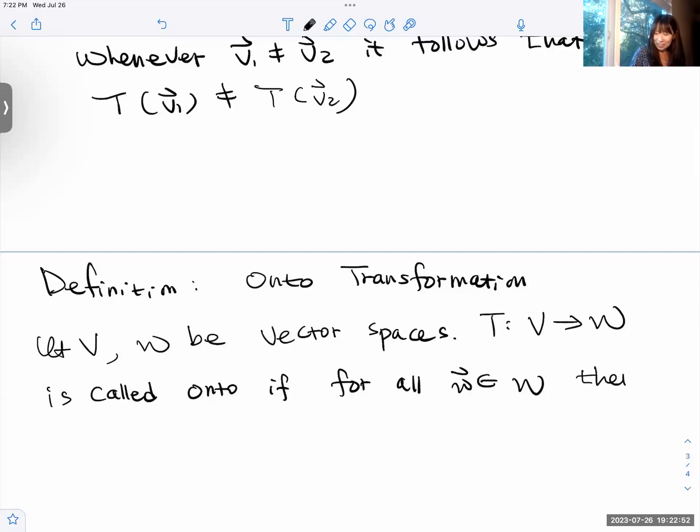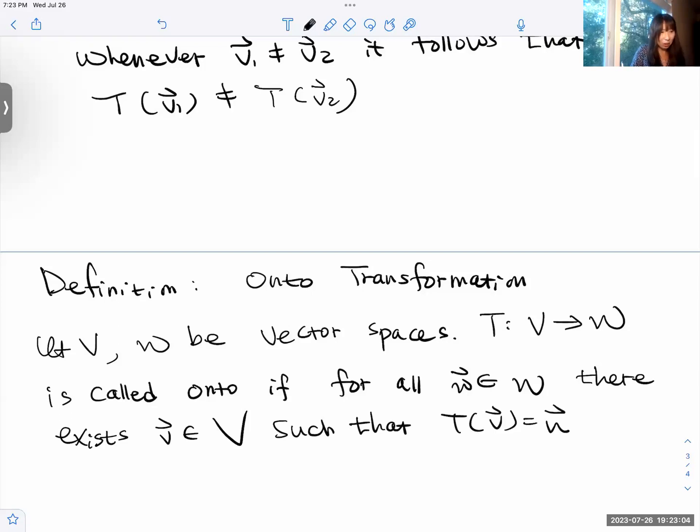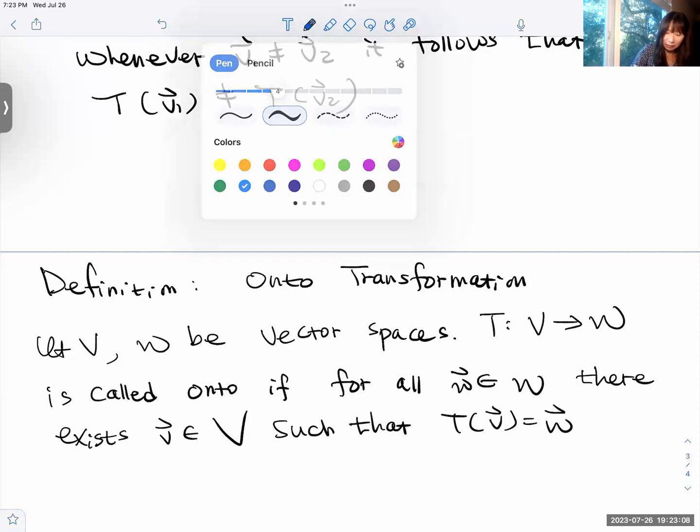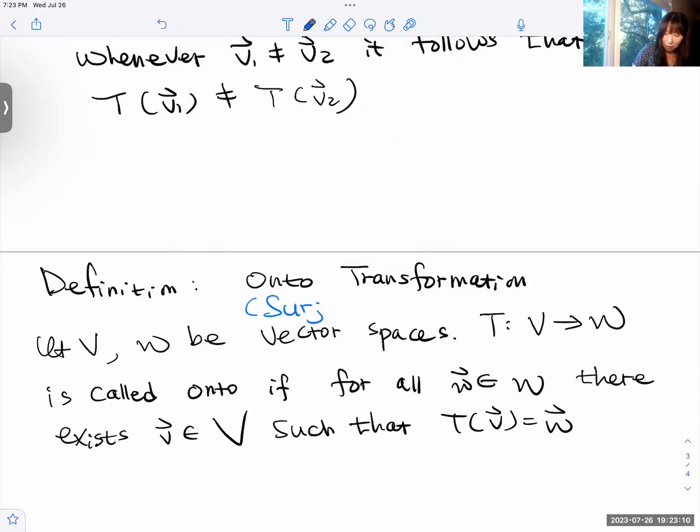There exists v in V such that T of v equal to w, right? Okay, so this is surjective.